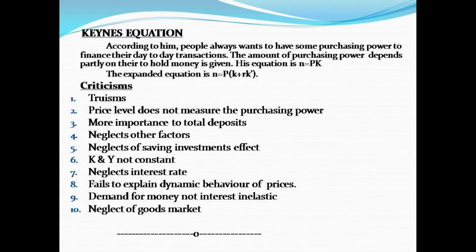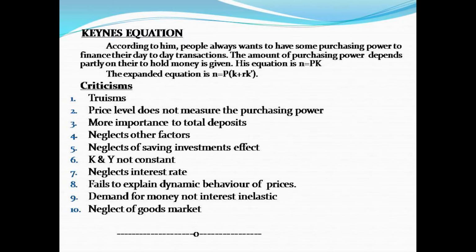A consumption unit is expressed as a basket of standard articles of consumption or the object of expenditure. If K is the number of consumption units in the form of cash, N is the total currency in circulation and P is the price for a consumption unit, then the equation is N is equal to PK.